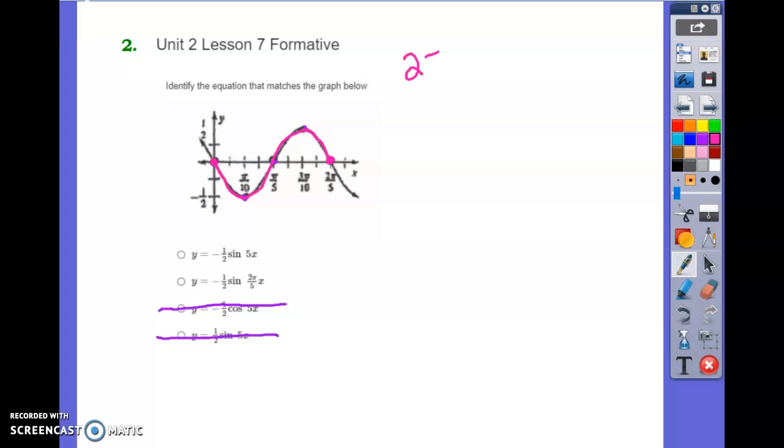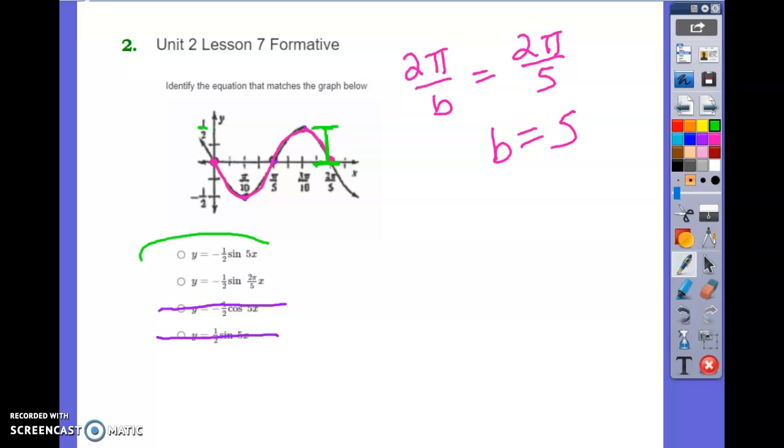So 2 pi over b should be equal to 2 pi over 5 in this particular problem, which makes b 5. Let's check out the amplitude in green here. I think that's a 1/2 rather than a 1 or a 2. Yeah, that's a 1/2. So that's why the answer is going to be negative 1/2 sine of 5x. So it's this one right here.